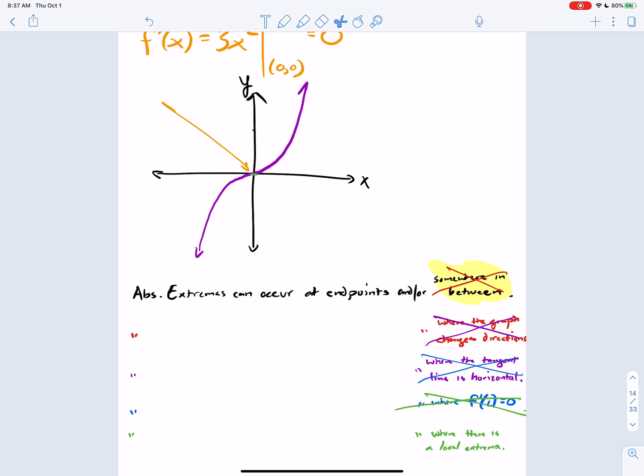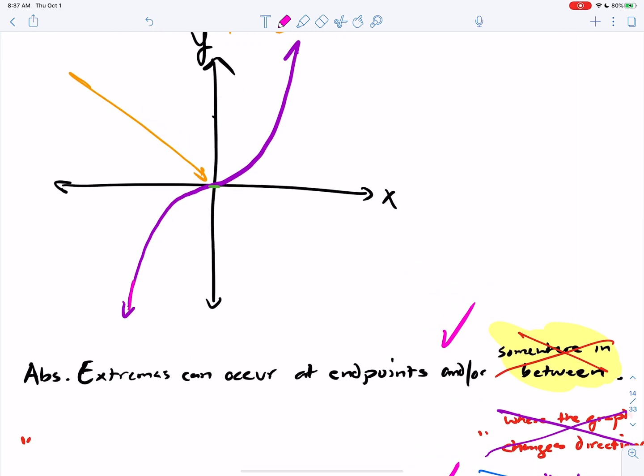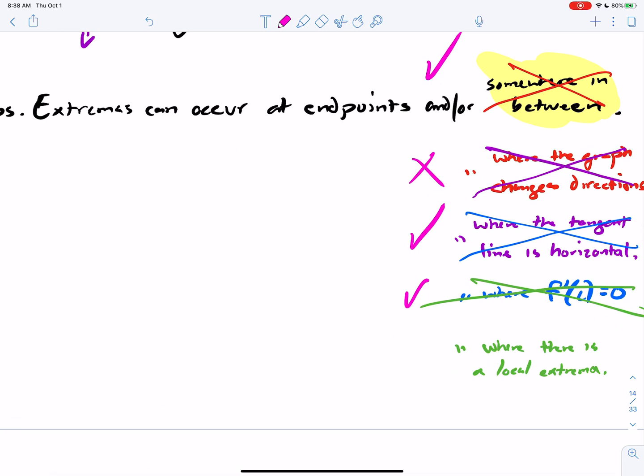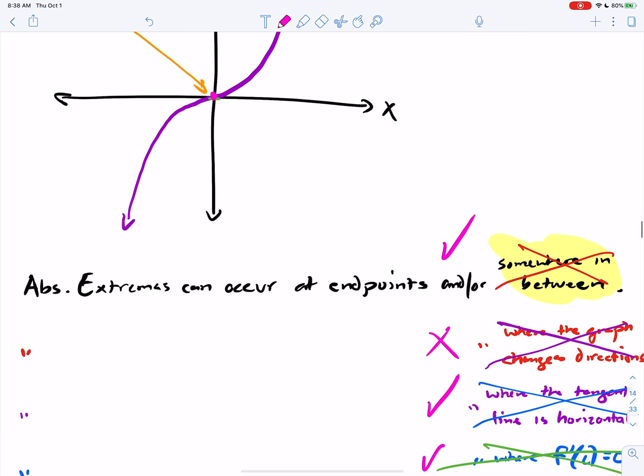The tangent line is horizontal there. But is this where the graph changes directions? If you draw this cubic function, you notice that it's constantly increasing. So what the heck? And also, is this where I have a local extrema? Is 0, 0 a local max or a local min there? Notice how that is neither, because there's always something higher or lower than it. So it's neither local extrema.